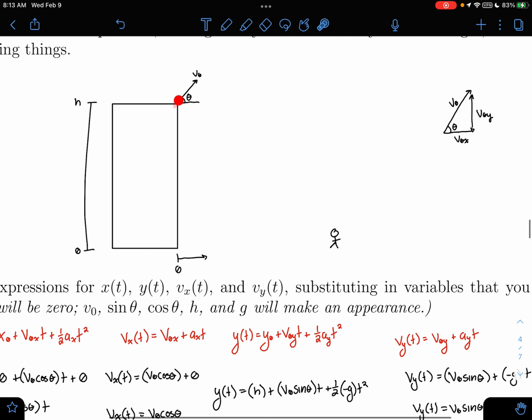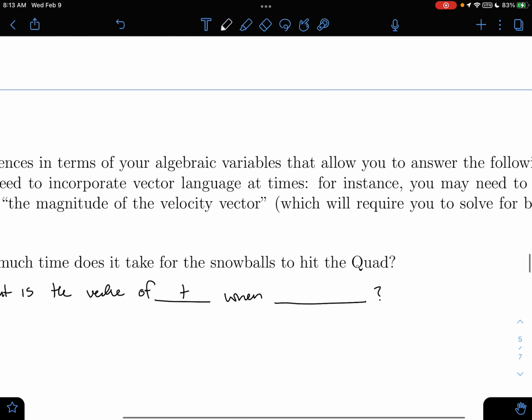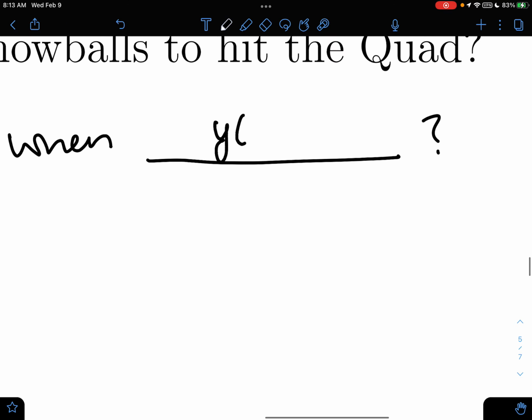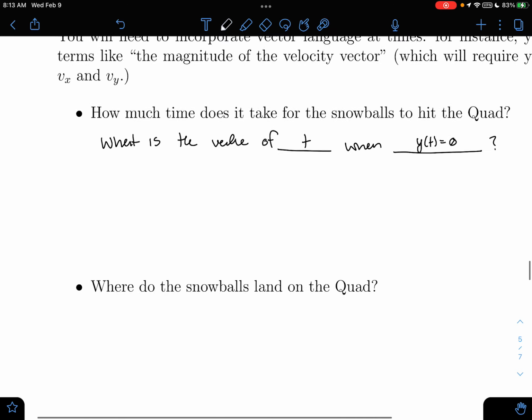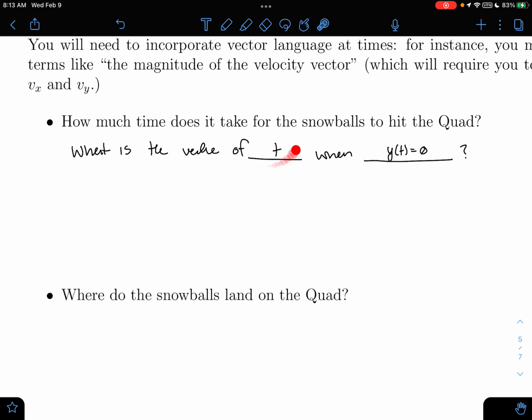When we hit the quad, we go up there, and we're hitting the quad down here. We don't know our x position, we don't know anything else, but we know that y is going to equal 0. The way I set up my coordinates, y equals 0. So what is the value of time when y of t equals 0?